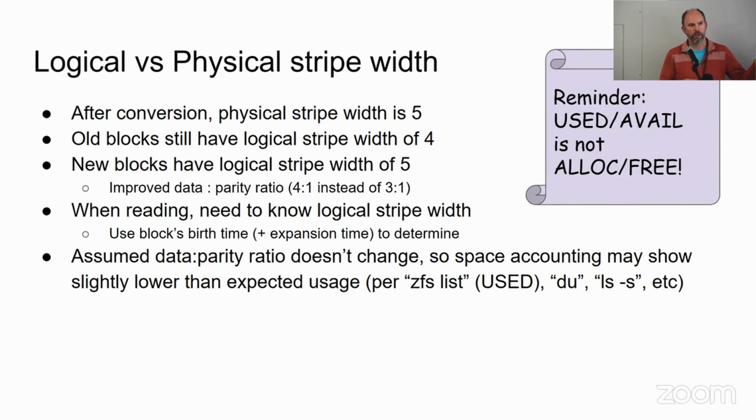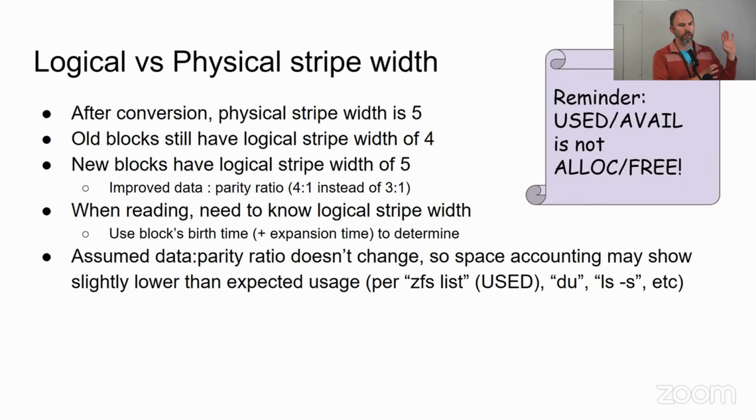While you're in the middle of the expansion, you can still use the pool. You can still do reads and writes, everything's online, just as you would expect with ZFS. And we're still doing writes using the old width.